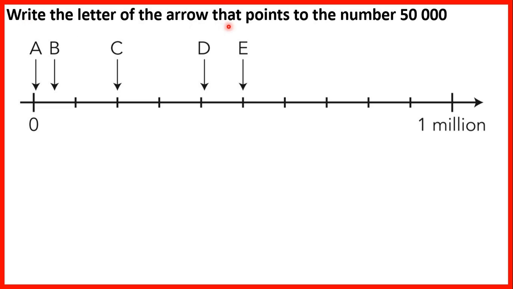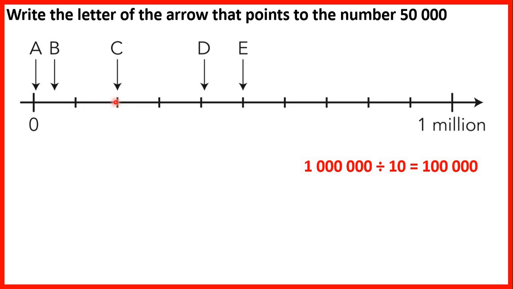Write the letter of the arrow that points to the number 50,000. So we have 0 and 1 million marked on our number line, and to get from 0 to 1 million, we have 1, 2, 3, 4, 5, 6, 7, 8, 9, 10 lines. So if we divide 1 million by 10, that gives us 100,000.